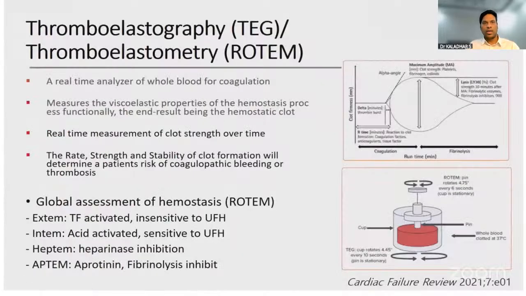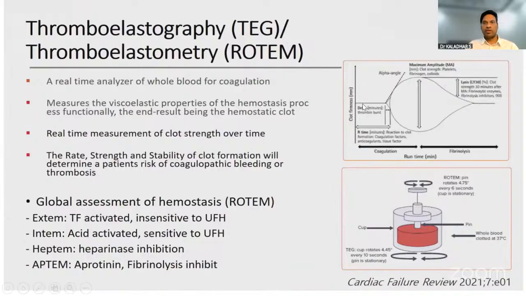So come to thromboelastography and thromboelastometry. Like the Sonoclot, it has a different signature. Most people might have come across reading about this, but it is not very commonly available across different centers. But it gives a global assessment of hemostasis, and both of them have different signatures, but definitely they give a global assessment.